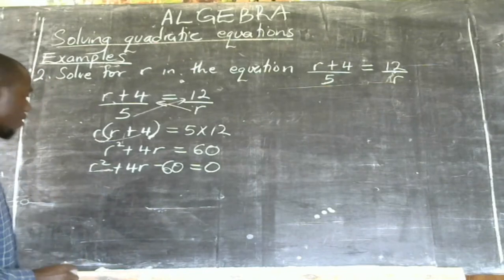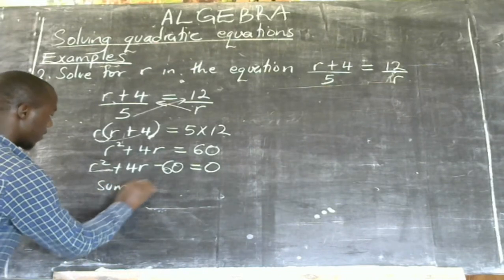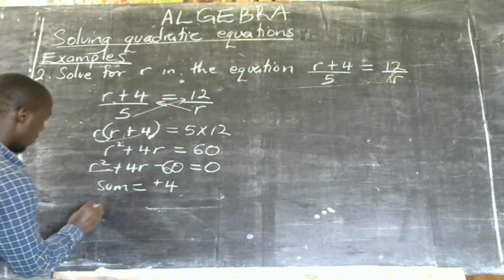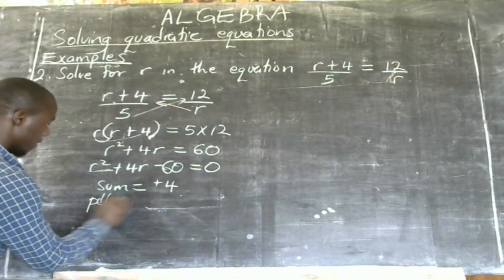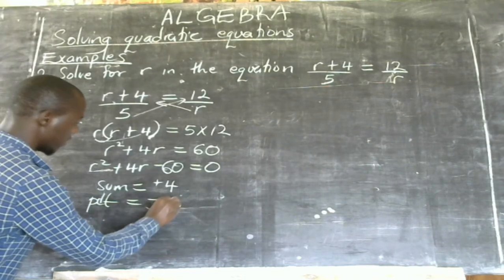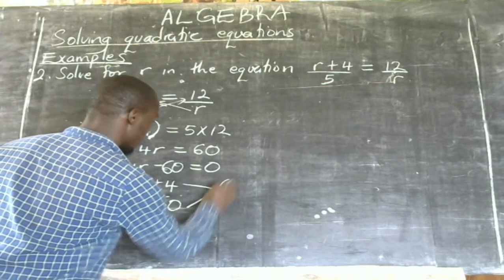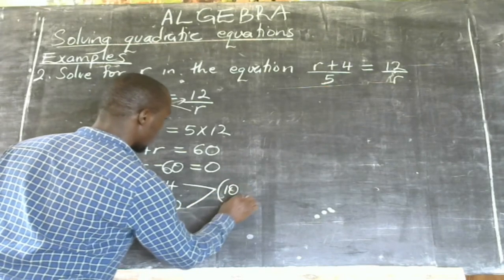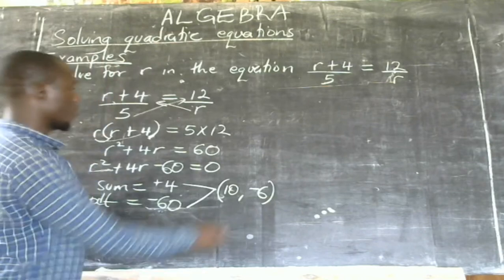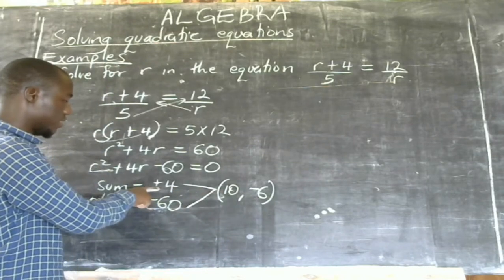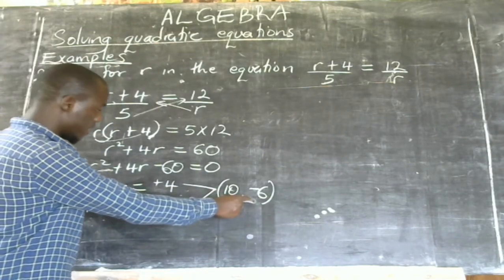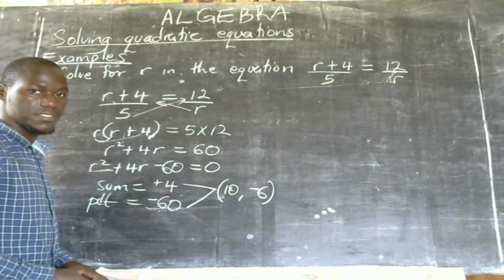Identify sum and product. Sum is equal to positive 4. Product is equal to negative 60. Factors, they are going to be 10 and negative 6. When you add them, they give you positive 4. When you multiply them, they give you negative 60.